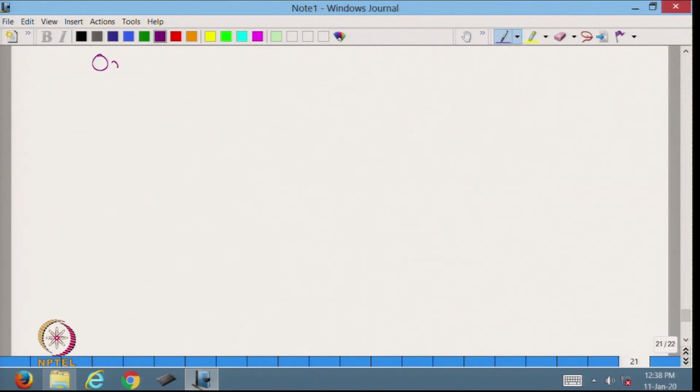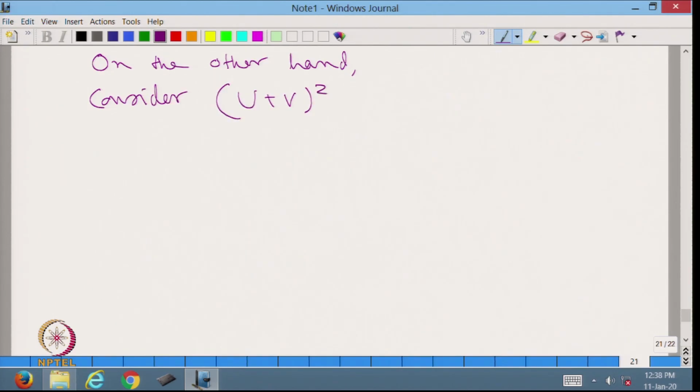On the other hand, consider u plus v whole square and take its expectation. In a very similar way, it is going to be 1 plus 1 plus 2 times rho x y, which is greater than or equal to 0.